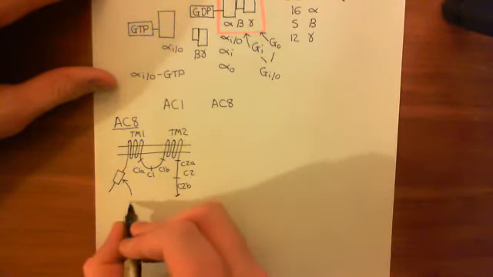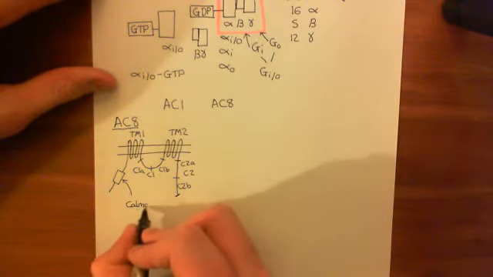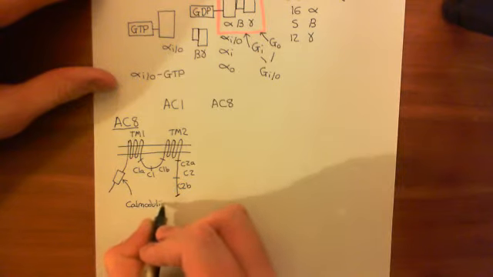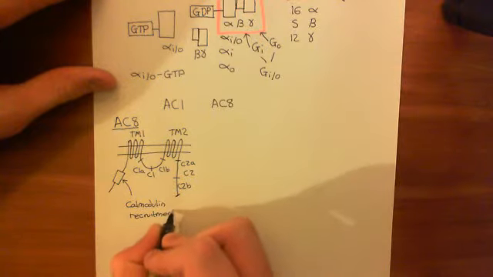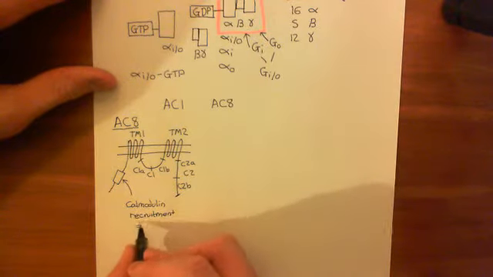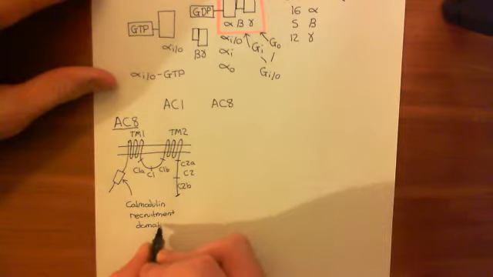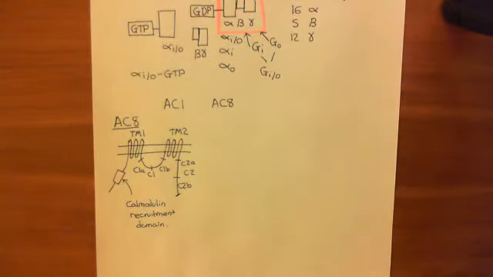And I said at the beginning that this domain over here is known as the calmodulin recruitment domain. If you want to activate adenylyl cyclase 8, you need to make a functional catalytic enzyme, an enzyme which is going to take in ATP and break it down into cyclic AMP and pyrophosphate.